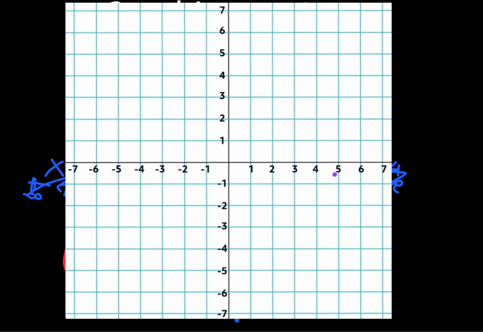Now, you can do a very similar thing when you want to graph a vertical line. So let's put a vertical line down on our graph here. And I just covered up the coordinate that said -3.